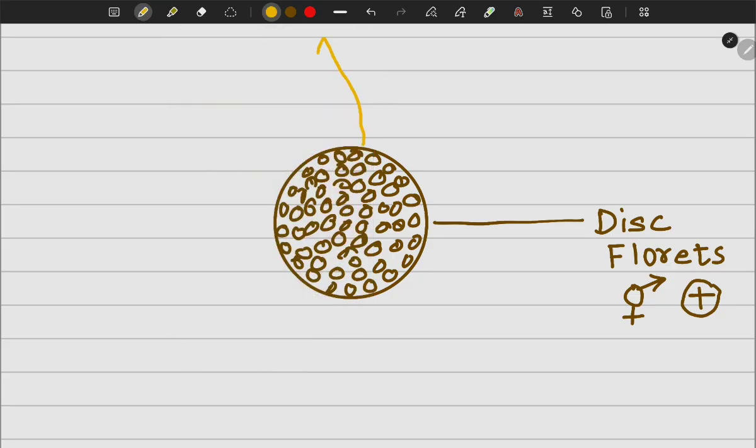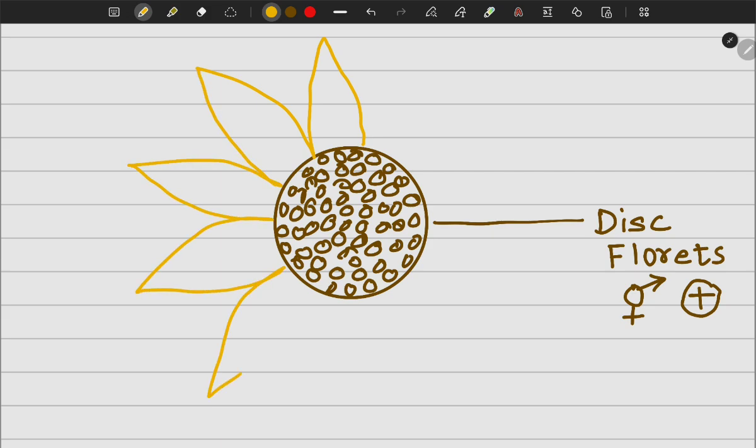Then the other portion of the sunflower which look like this, which look like long petals, right? Now these petals are also the florets.